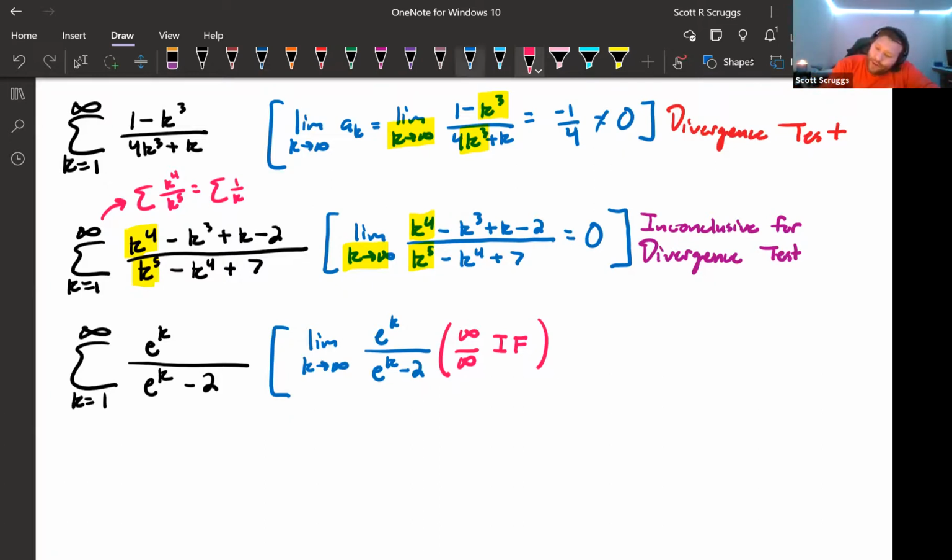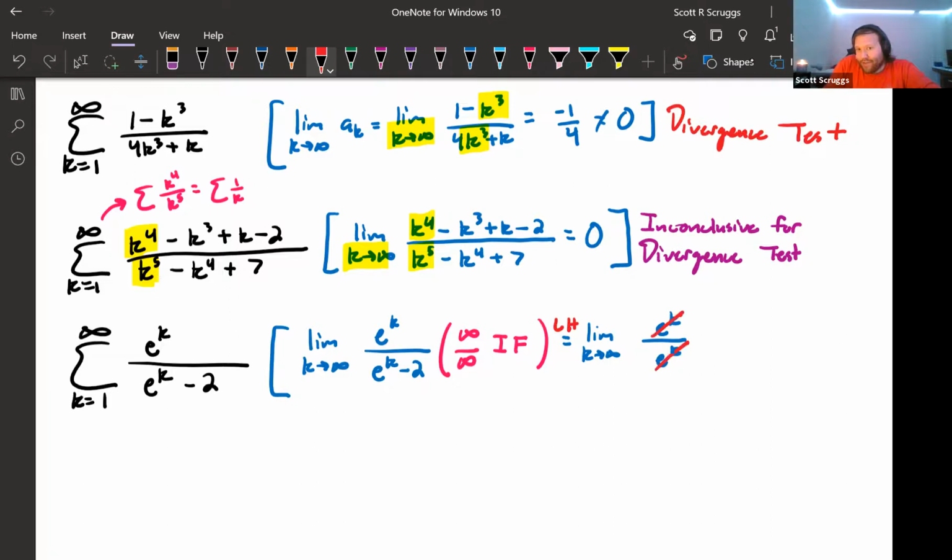So to evaluate, by L'Hopital's, I would take the limit as k goes to infinity of the derivative of the numerator over the derivative of the denominator. L'Hopital's rule says, try again with the limit.